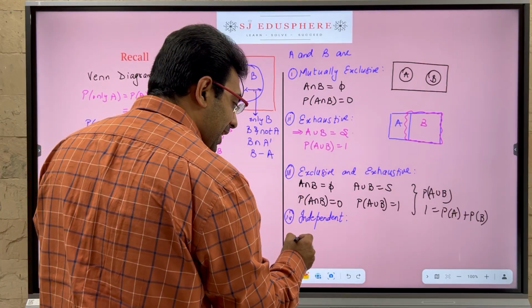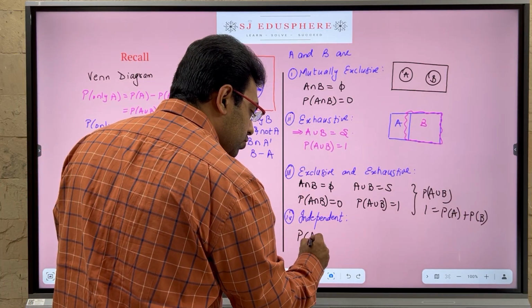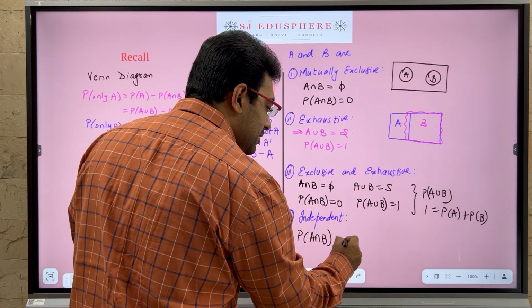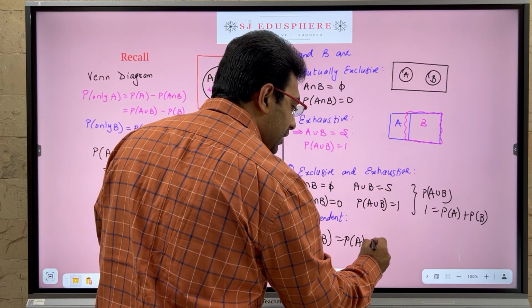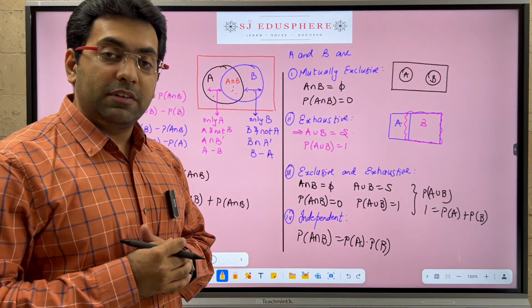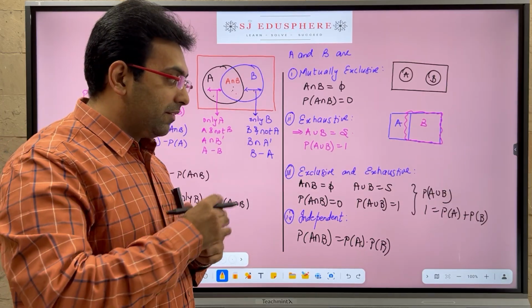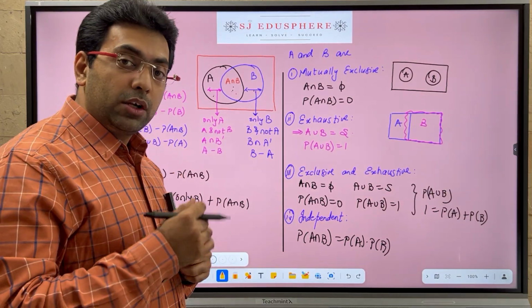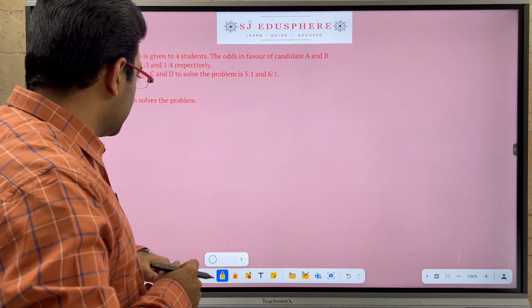Similarly, when I say my events are independent, probability of A intersection B is probability A into probability B. Now that we've revised all the concepts of the previous class, let us move ahead to sums based on these concepts.